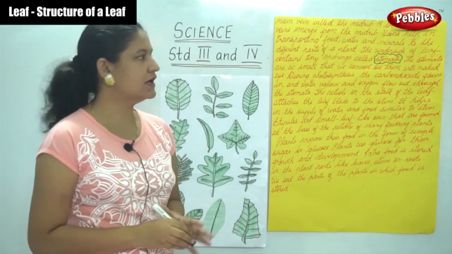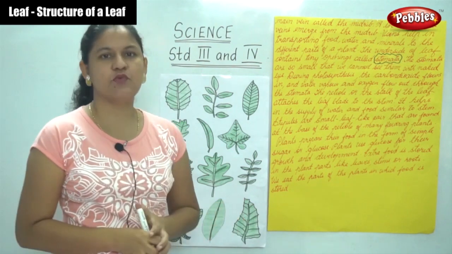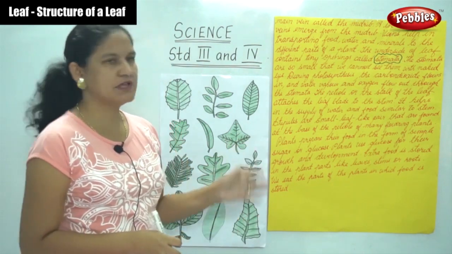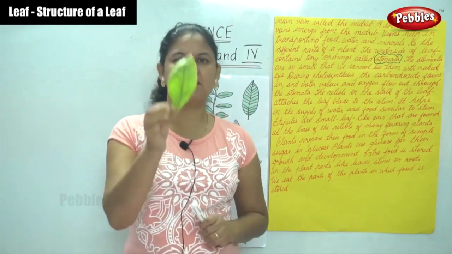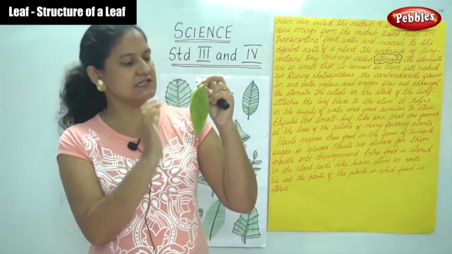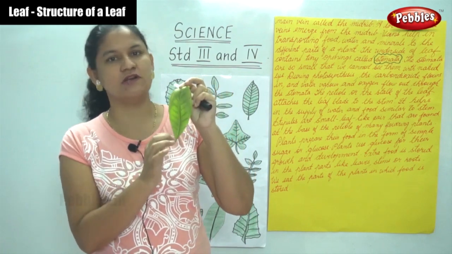The stomata are so small that we cannot see them with the naked eye. Normally if we take a look at the leaf, we cannot see the tiny openings called stomata.